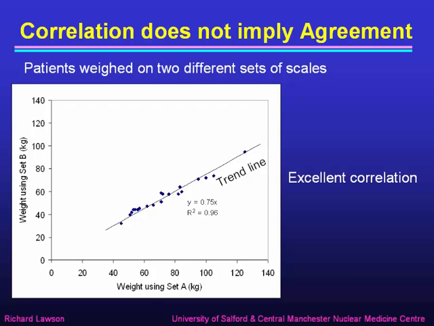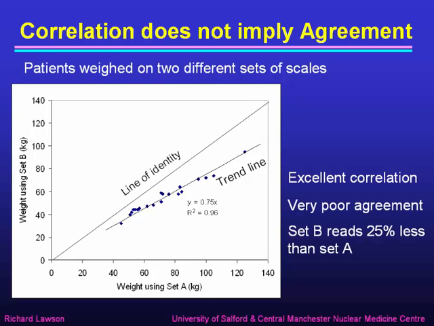And indeed I've plotted a trend line through the data which shows a nice linear relationship between the two. However, if you look carefully, the equation of that trend line, y equals 0.75x, says not that y is equal to x, but y is equal to 75% of x.